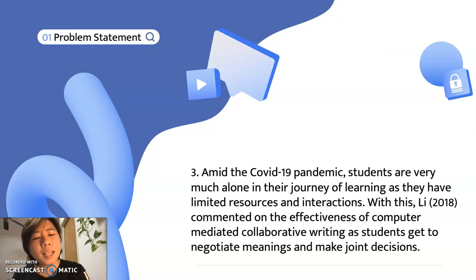So with this, Lee 2018 actually commented on the effectiveness of computer-mediated collaborative writing as students get to negotiate meanings and make joint decisions. In other words, when students use technology, use these tools to connect with their friends, they actually get to have better construct of meanings.